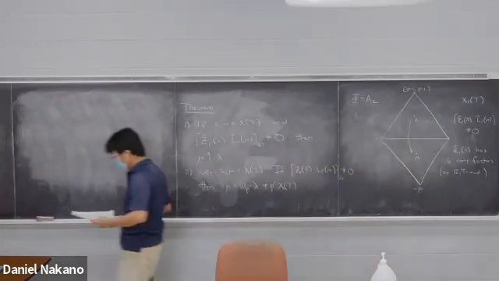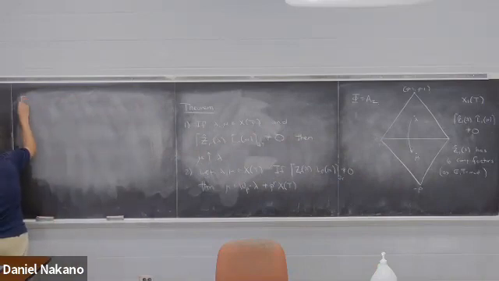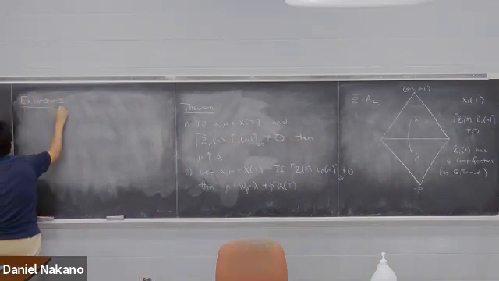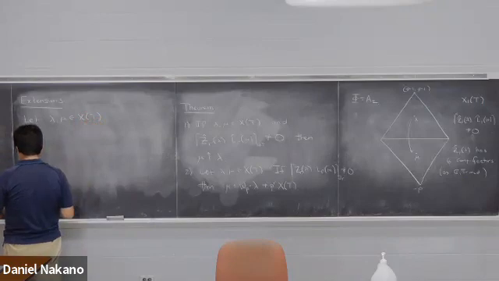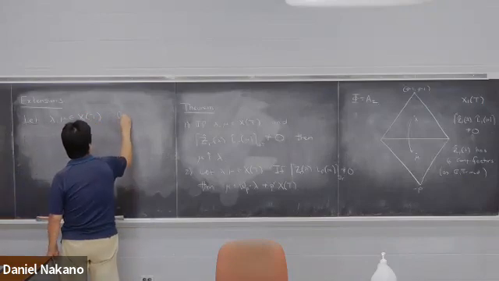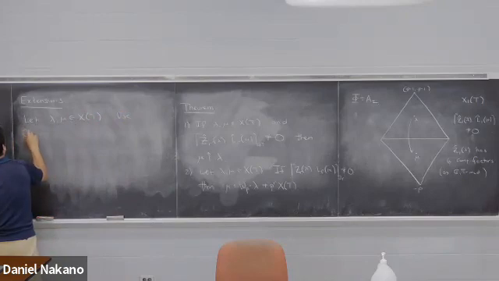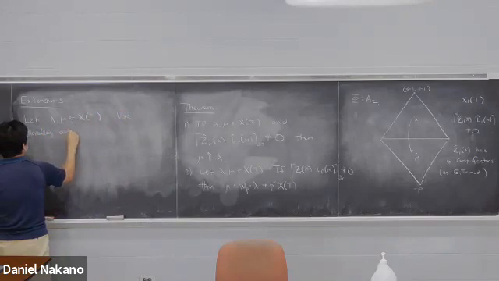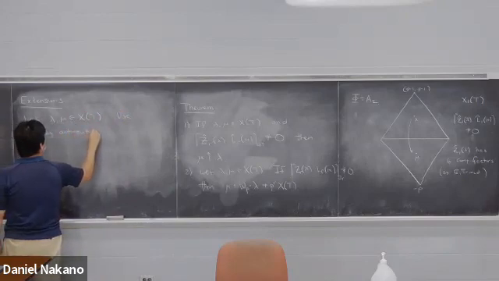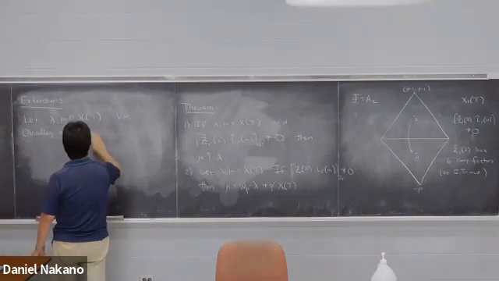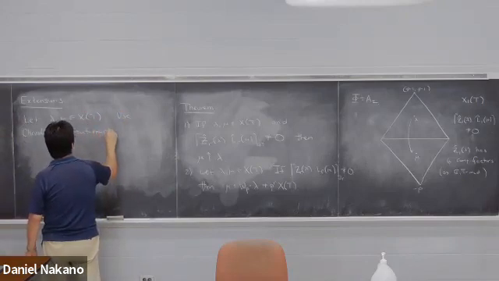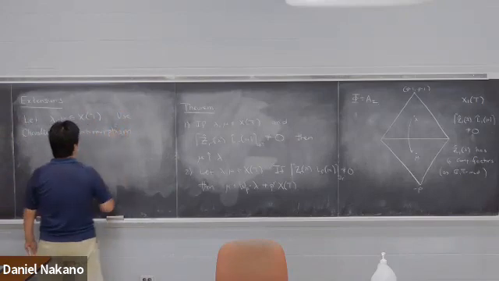So let's look at extensions. Let lambda and mu be in X(T). Now we can use the Chevalley anti-automorphism.